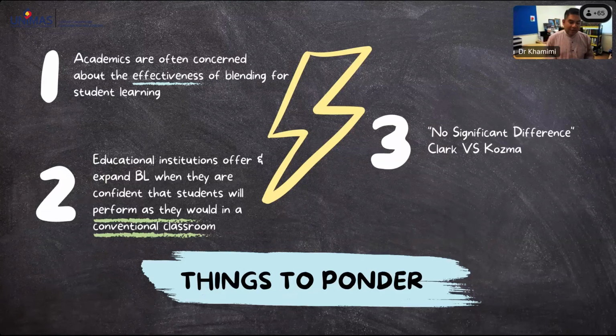That's why at master or PhD level, you need to compare control groups and experimental groups. Both use the same approach, blended learning, but the differences may be types of student, fast pace, slow pace, or medium pace. This is quite a long debate by Clark and Kozma.